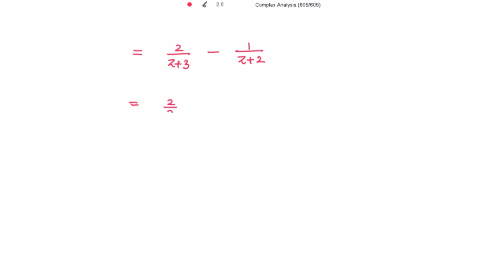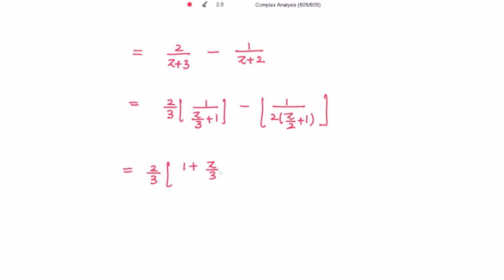Now let's take 3 common from the denominator. We have 2 divided by 3 times 1 plus z by 3, with power negative 1, minus 1 divided by 2, again writing this 1 plus z divided by 2 with power negative 1.